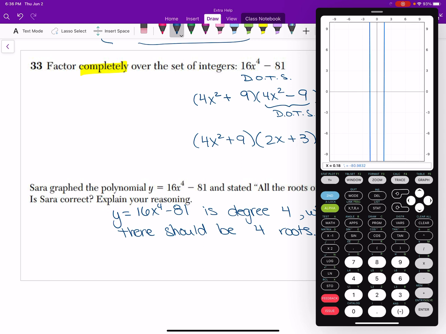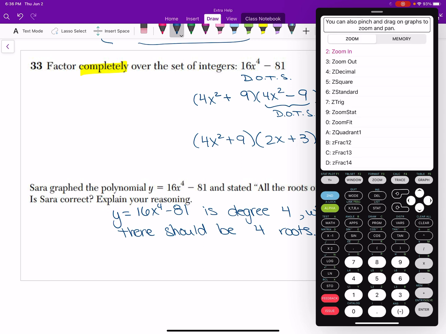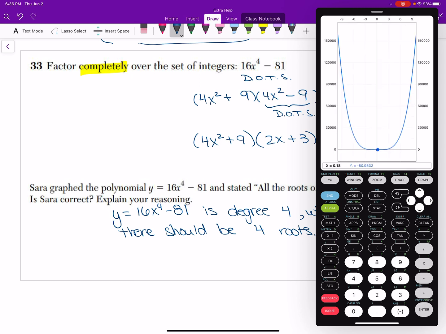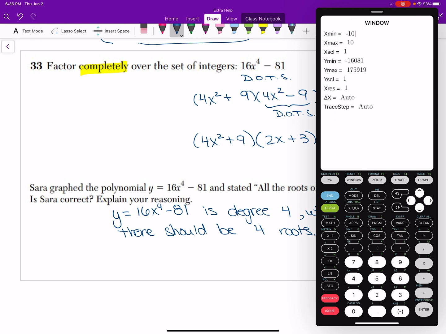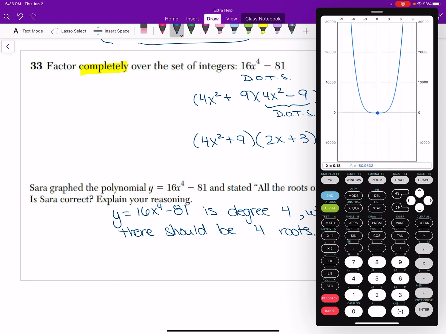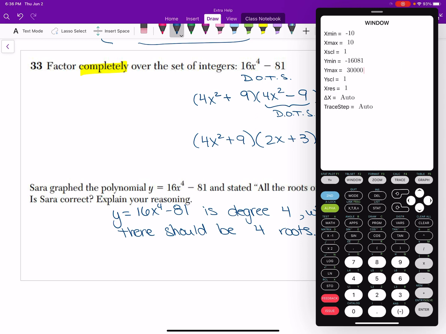We may have to zoom out a little bit. You can adjust your window if you want. Sometimes zoom fit, which is choice 0, helps you. Although this one didn't really help, but I could see that we went up to 30,000. So if I adjust my Y max down, let's see if that helps. Still not better.